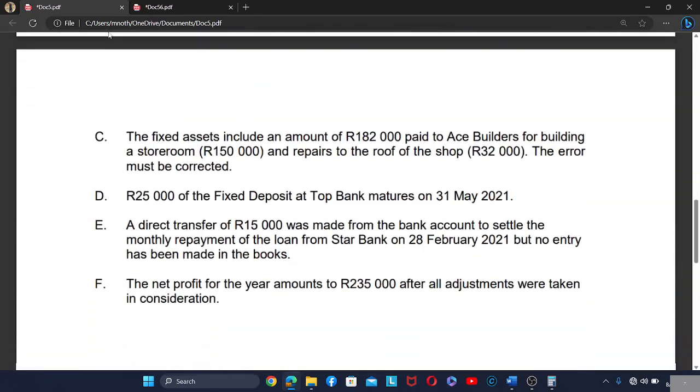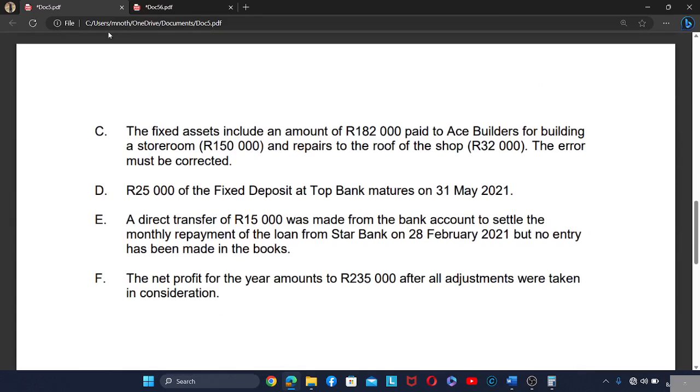Let us see. Fixed asset includes an amount of 182,000 paid to Ace Builders for building a storeroom. So this storeroom costed them 150,000. This is the cost price of this storeroom, right?